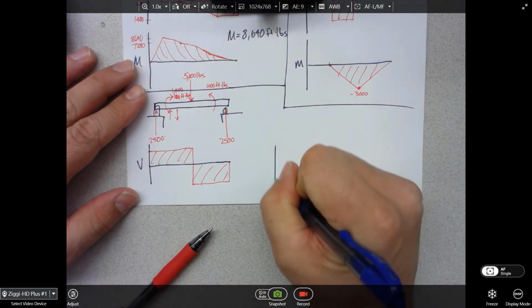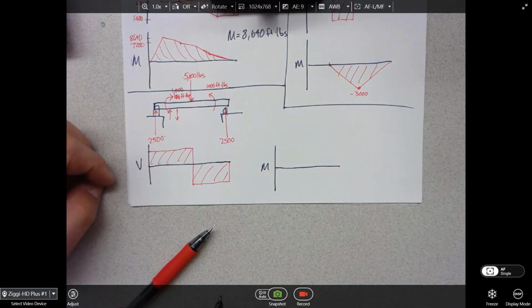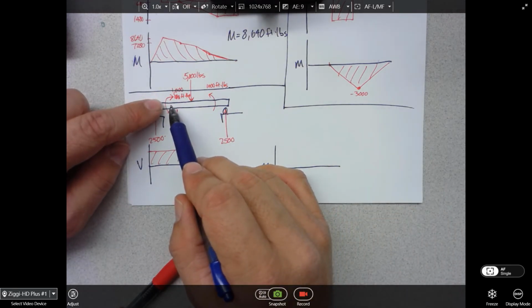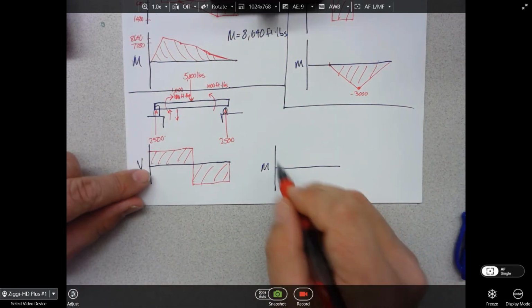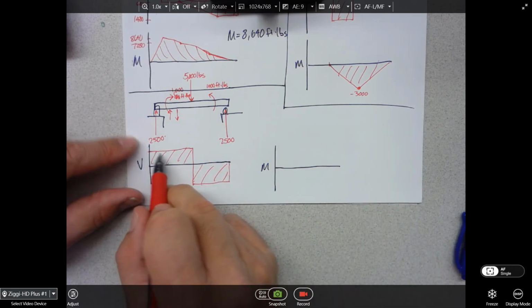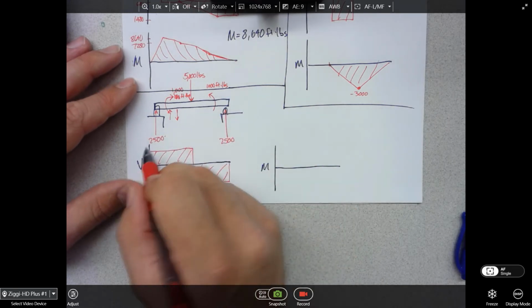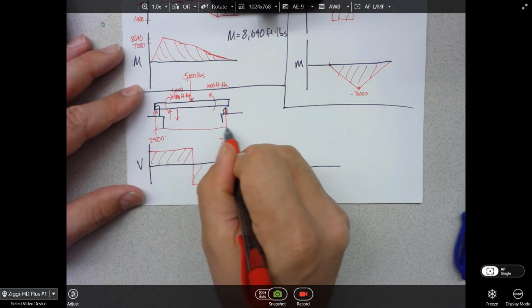But when we come over here to the moment, they cause a jump in the moment. How that works is a clockwise moment causes a positive jump in the diagram. So here we are at 0. We've got a positive 2,500 slope, right? So we know we're going up. And between, I guess I got to put some measurements on here. Let's make the whole thing 10 feet.